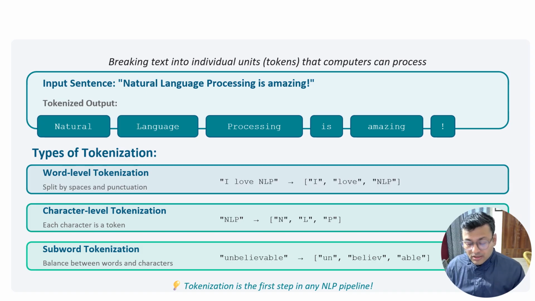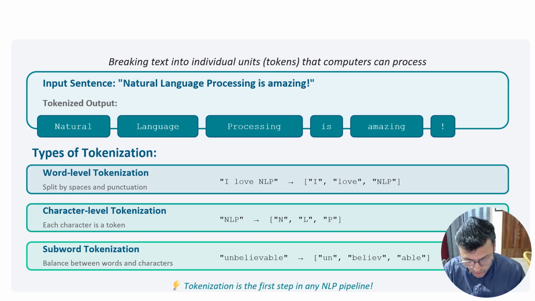That means un, believe, and able. These are different segmentations of this huge word, so it can understand. So in a nutshell, tokenization is the first step in any NLP processing or NLP pipeline.